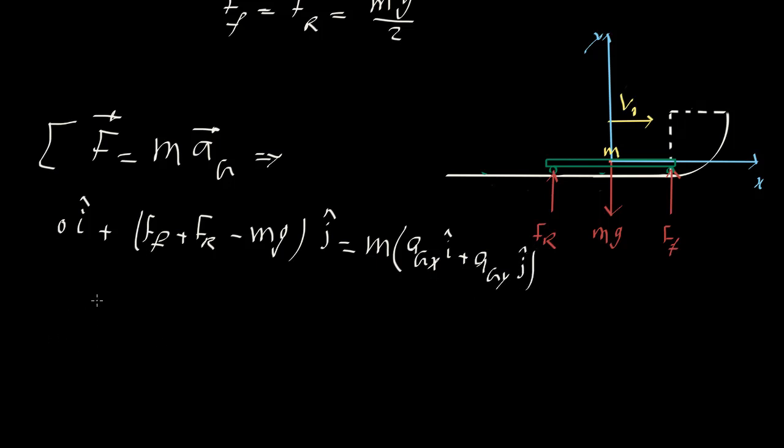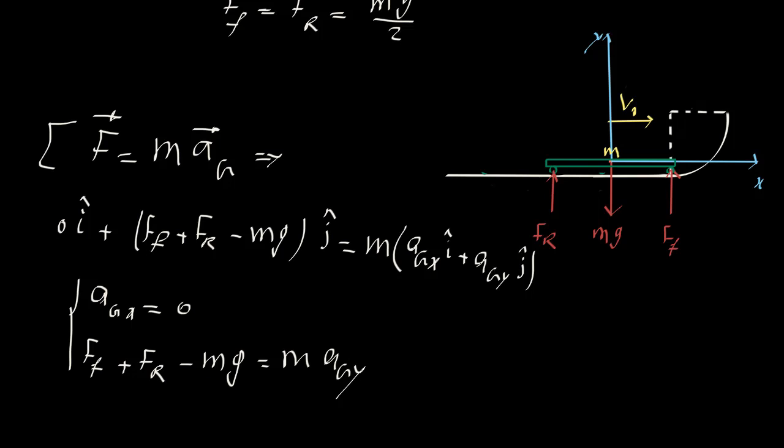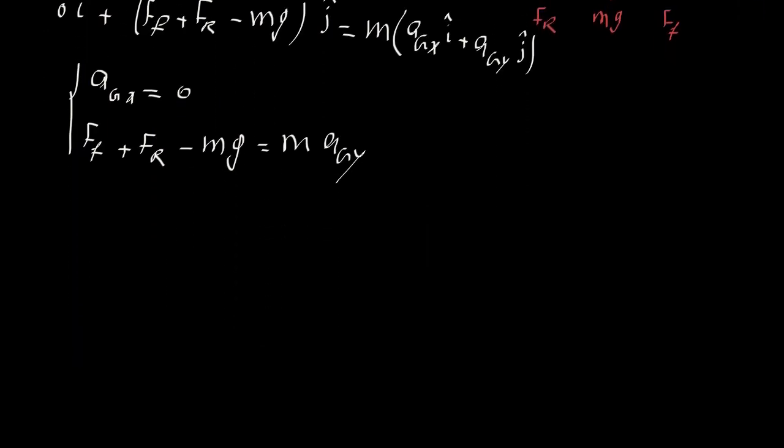Okay, so here we get a_gx is equal to 0, and also F_f plus F_r minus mg is equal to m a_gy. So that's the Newton equation.